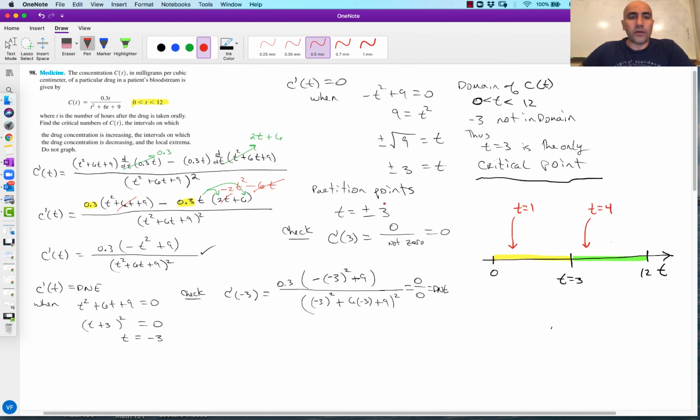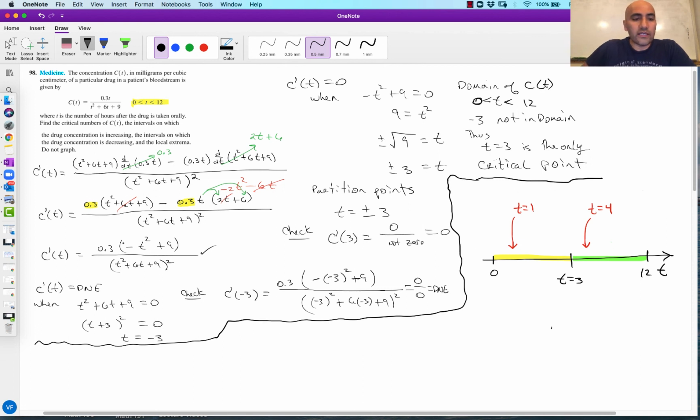Okay, so we're going to come over to our derivative, C prime of t, here it is, and we're going to evaluate it at these 2 points. Remember that we don't even really care what the actual value of the function is. All we really need to know is whether that function is positive or negative at those points.